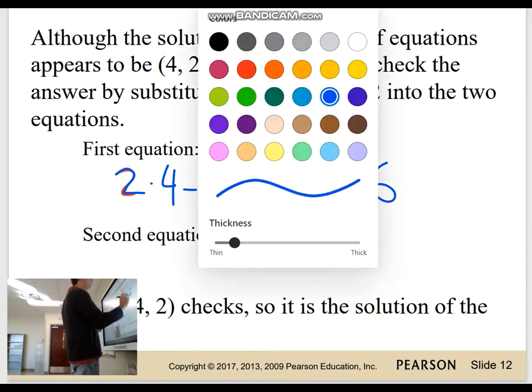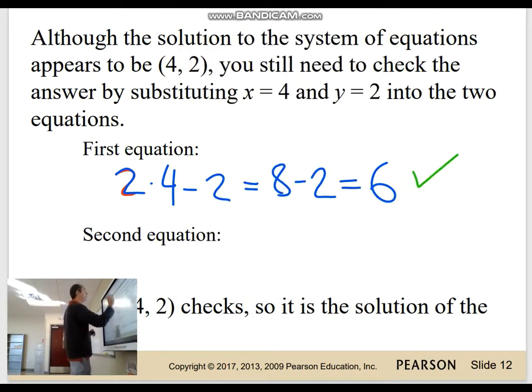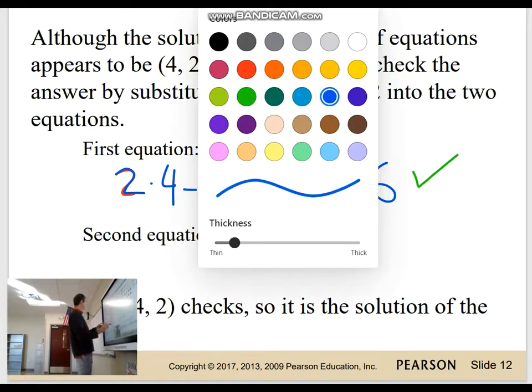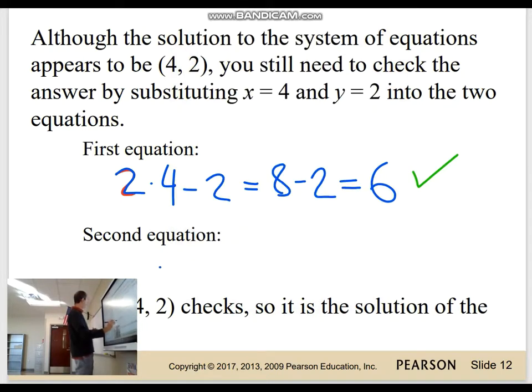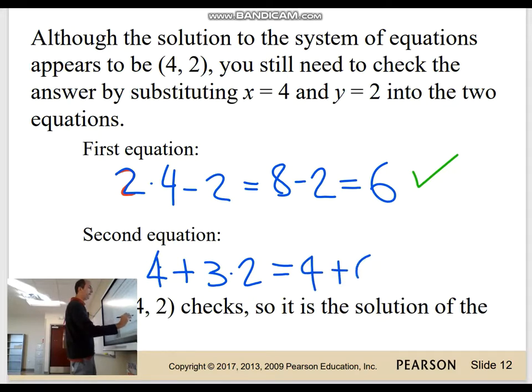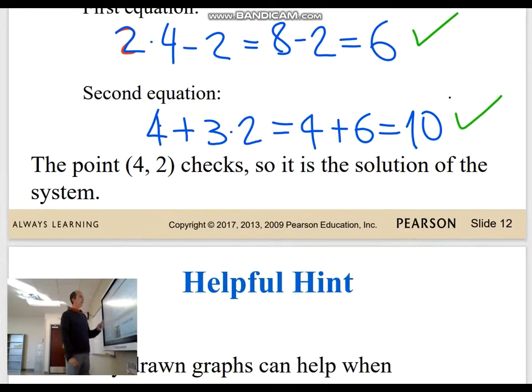Yes, this is a true statement. In the next equation, 4 plus 3 times y, where y equals 2, equals 4 plus 6 equals 10. Also a true statement. That means the point x equals 4, y equals 2 checks. It is a solution of the system of equations.